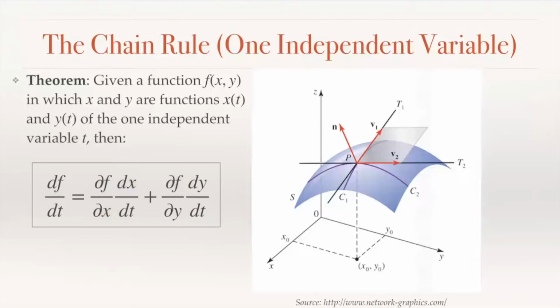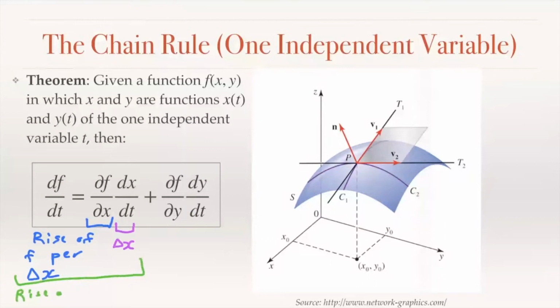Well, df/dx, del f del x, this is the rise of f per change in x, and this guy is the change in x. And that means that this product in total will be the rise of f in the x direction.